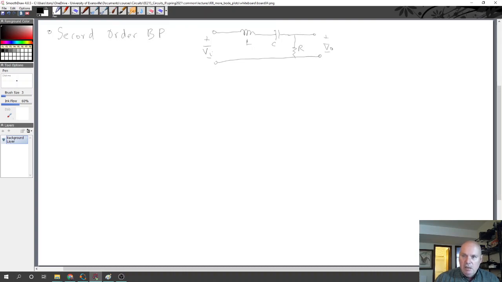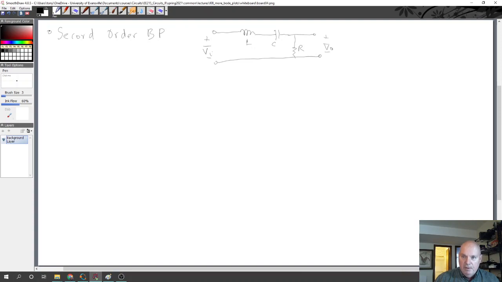There exists a particular frequency at which the magnitude of j omega L is equal to the magnitude of 1 over j omega C. The impedance, remember here, we could usually write this as j omega L, and then the impedance of the capacitor is minus j over omega C. So there's a particular frequency at which these impedances are equal in magnitude but opposite in sign.